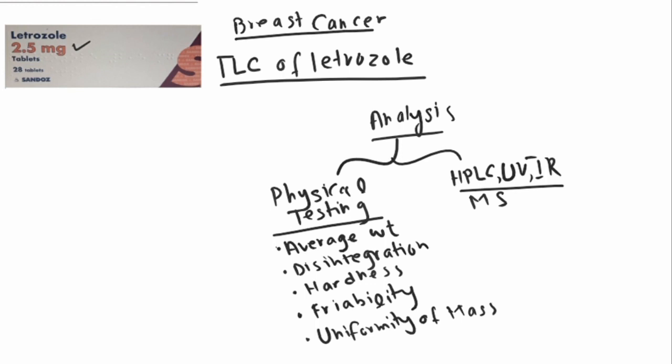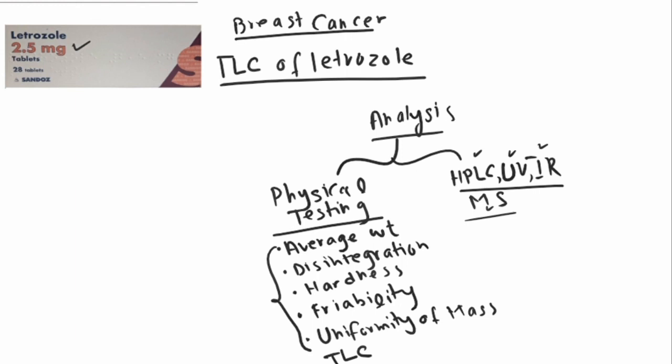So these are done as part of the physical testing of any medicine. Then HPLC, UV, IR, MS, TLC. TLC is also considered physical testing. That's the complex level of physical tests that are being used.